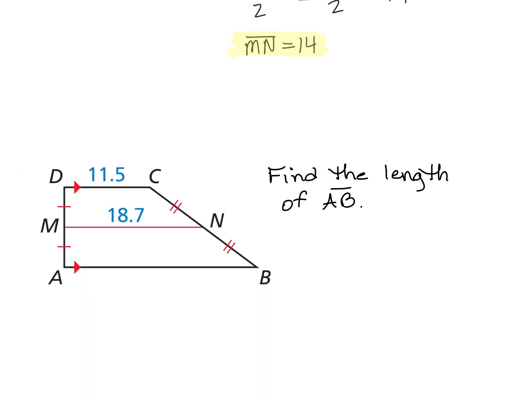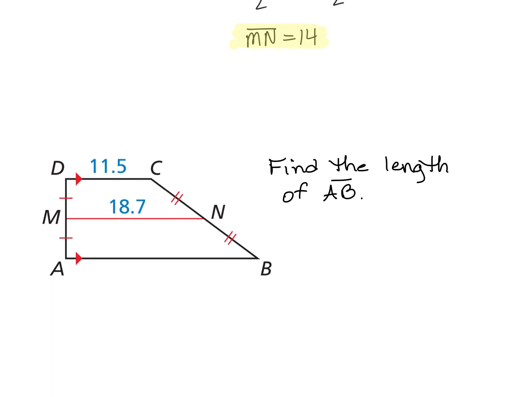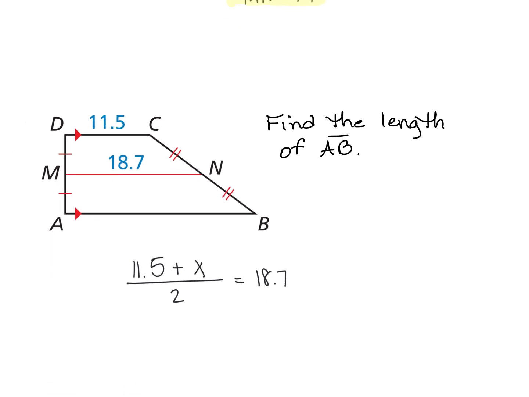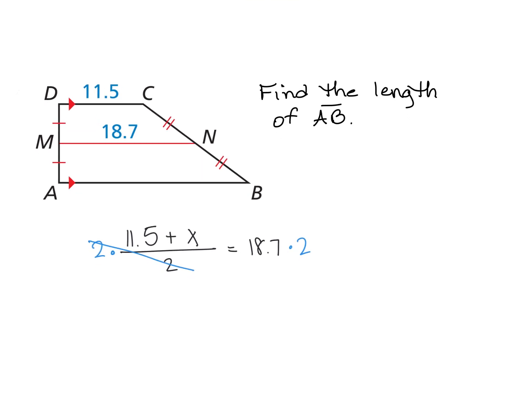All right, and looking at the next one, find the length of AB. Now they're not giving me one of my bases, so I'm still going to plug it in that way. I'm going to have 11.5 plus, I don't know my second base, divided by 2 equals 18.7. So solving for x, what do I do first? Okay, multiply both sides by 2 to get rid of that divided by 2.